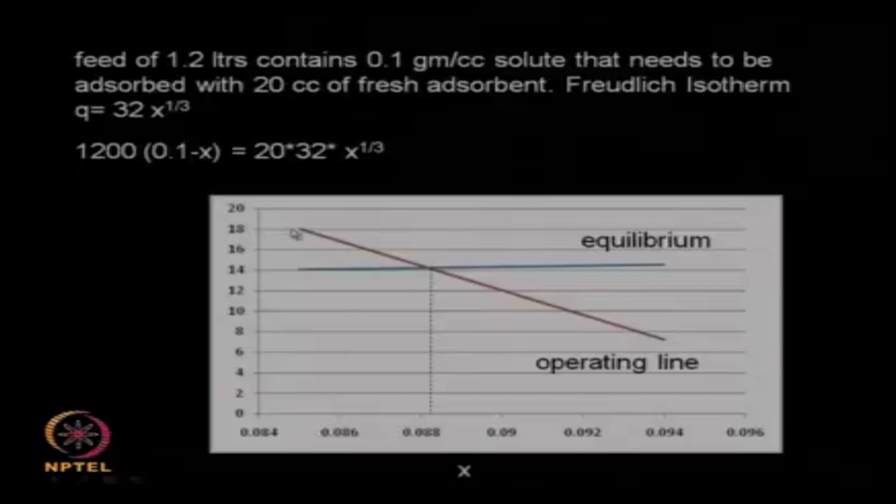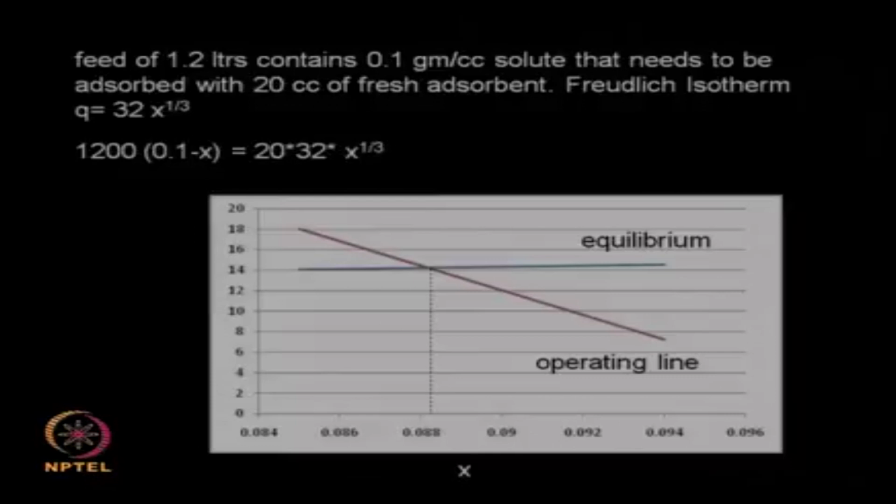Okay. So for different values of x I can plot two curves, the operating line corresponding to this side and the equilibrium curve corresponding to this side. So if I plot them both in a graph sheet, wherever they intersect, that will be the value of x. Very simple.